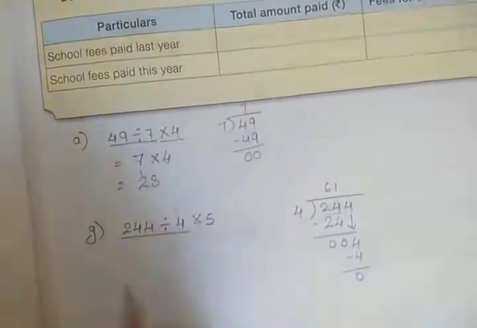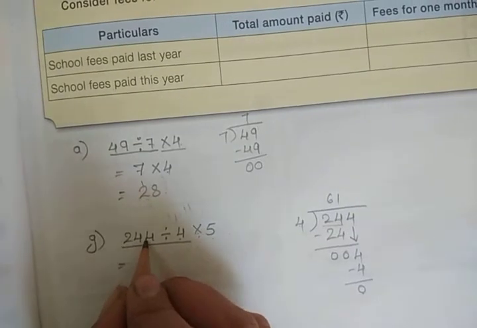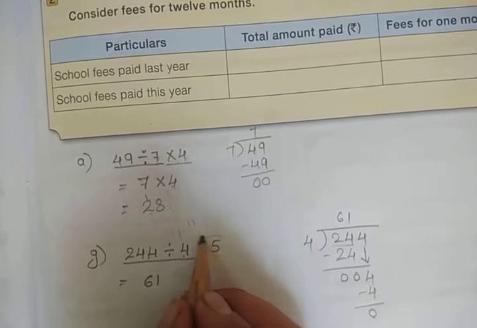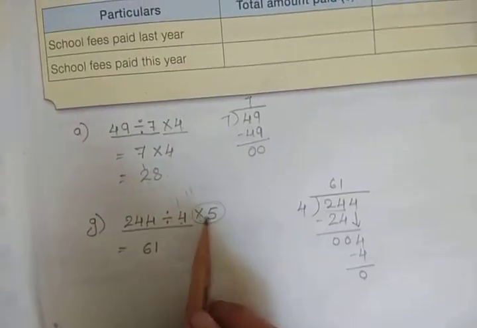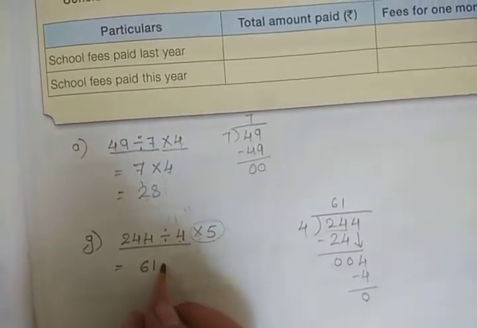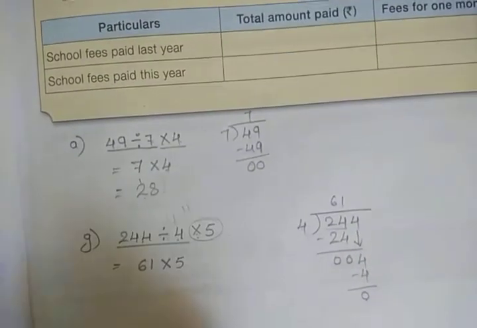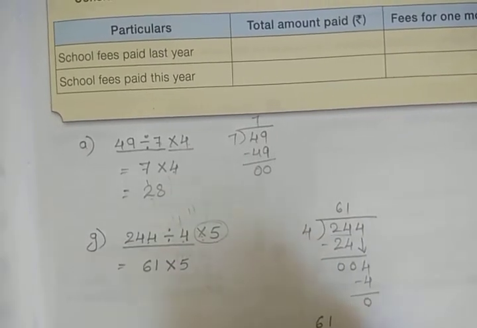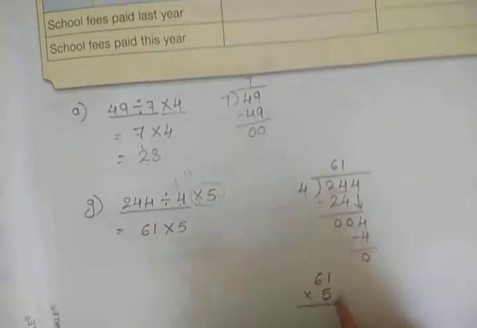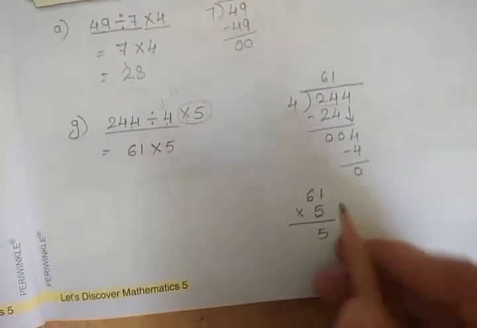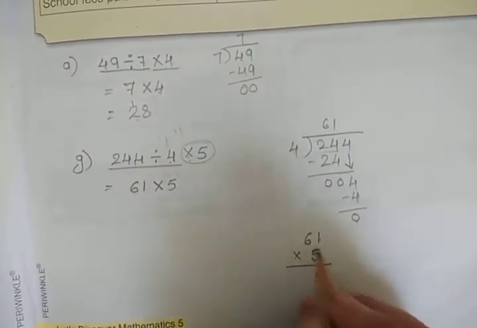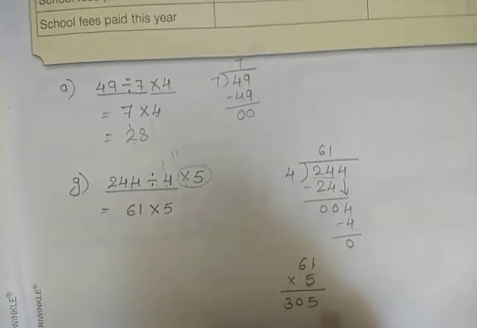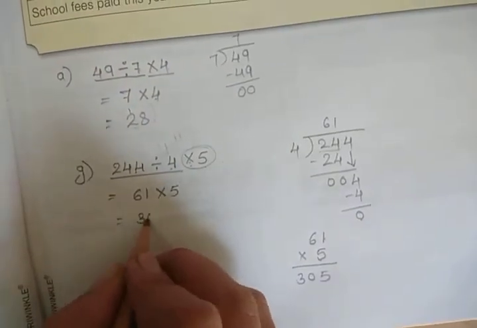So your answer is 61. 244 divided by 4 is 61. Now multiply by 5. 61 multiplied by 5: 5 ones are 5, 5 sixes are 30. So the answer is 305.